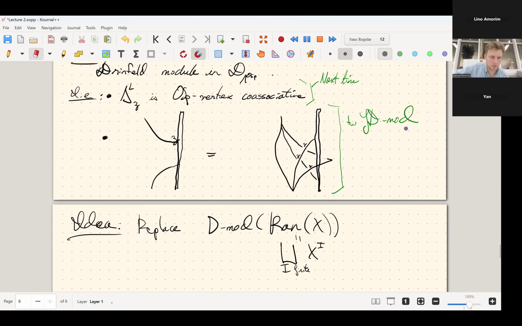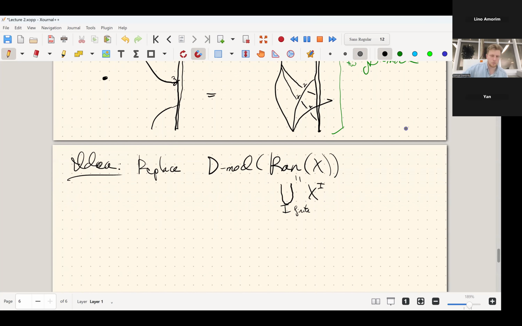Sorry, that's not a disjoint union. That's an appropriate actual union. We want to replace this with D modules on what you can call Ran BC of X, where X has an involution given by sigma.